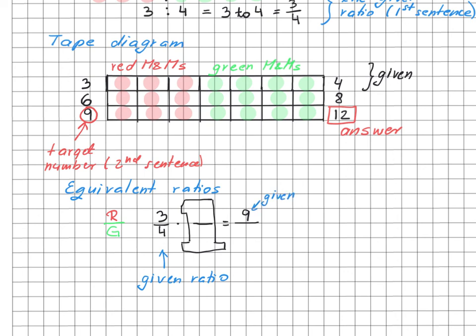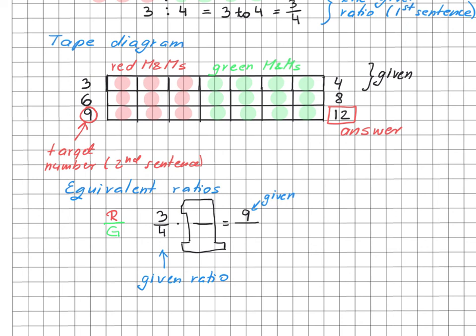I'm going to change color to fill in missing numbers. Okay, I'm going to choose some other color. I'm going to go with purple to write the numbers that are missing. So let's look at the tape diagram first.